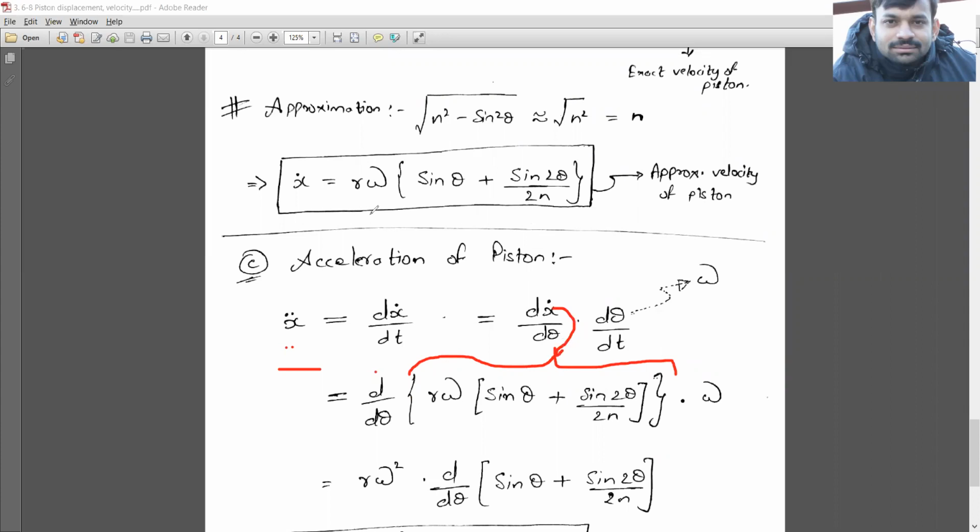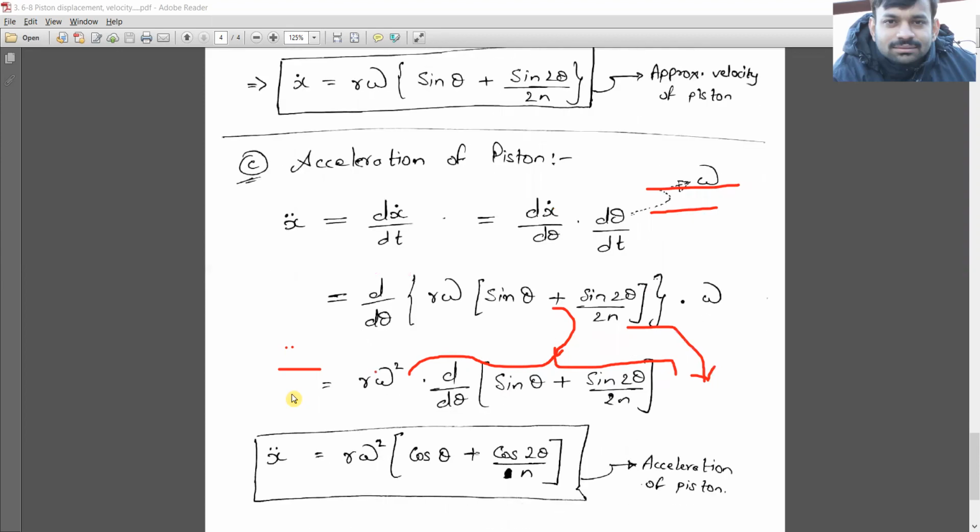We have taken this approximate velocity of piston. This x dot we have substituted over here. So d by d theta of r omega into sin theta plus sin 2 theta by 2n, multiplied by omega. Where did this omega come from? d theta by dt.